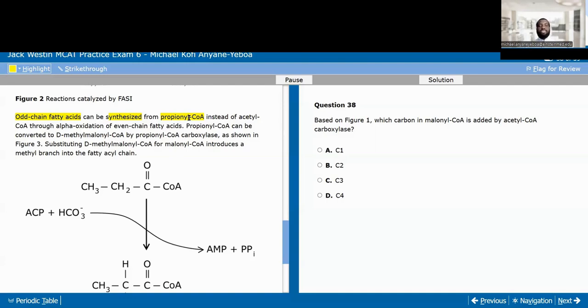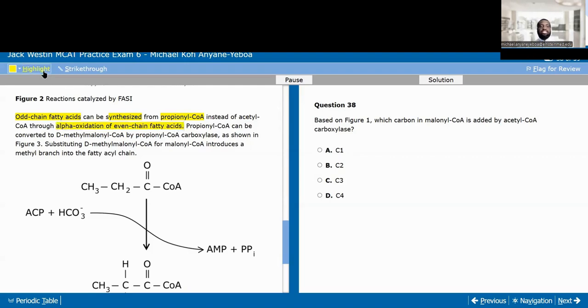And this is important information. So odd chain fatty acids can be, it doesn't mean it's always, synthesized from propanoyl CoA instead of acetyl CoA through alpha oxidation of even chain.